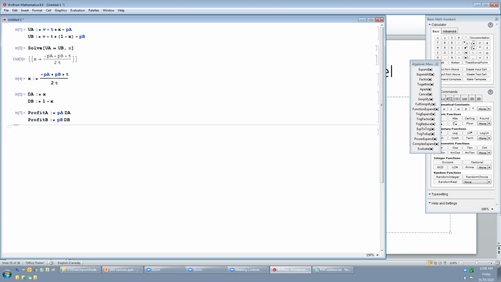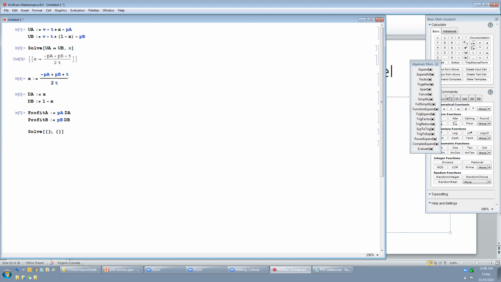In order to find out how much price I should charge, I simply take the derivative. I make the simple assumption that both firms set the price at the same time, so I solve both equations simultaneously.